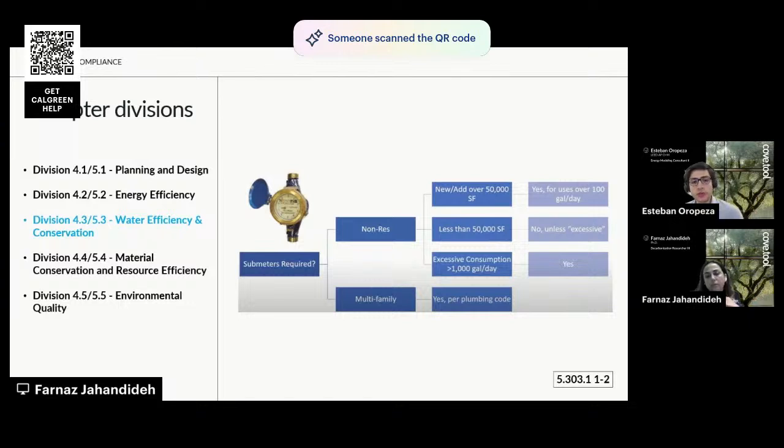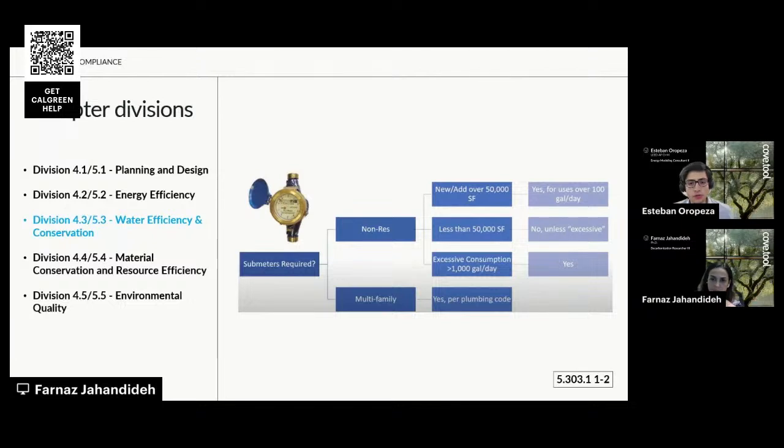Other measures to be mindful of are related to water submetering. Based on this chart, you can see if that's required depending on the project and use types. For non-residential new projects or additions over 50,000 square feet, you need a submeter if you use over 100 gallons a day.